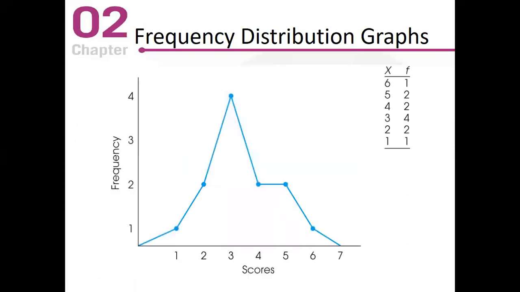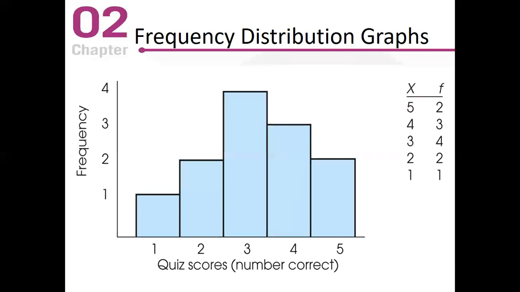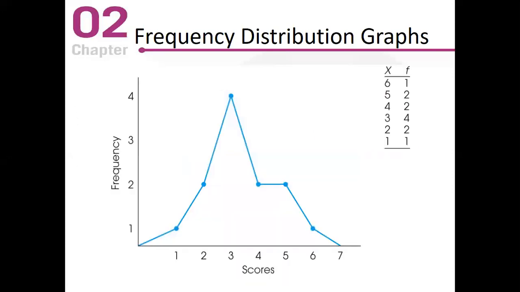Here is what we call a polygon. It's the same thing as this, but instead of bars, we're swapping them out for dots. So we have a dot showing that one person scored 1, 2 people scored 2, and so on. This is a polygon, and we always want to connect the dots and make sure we start and close our polygon.